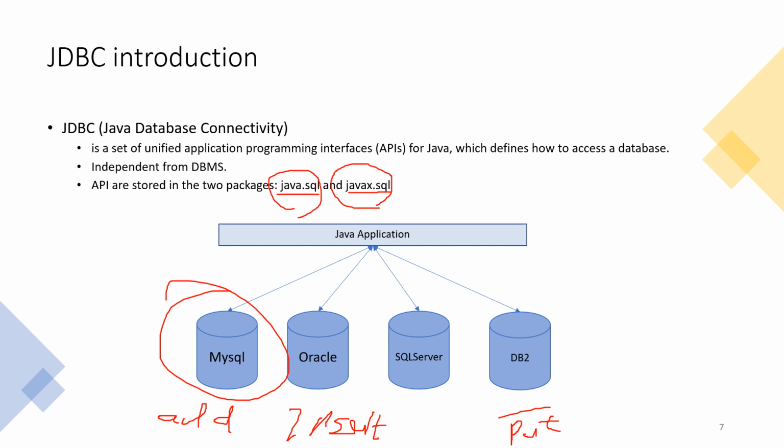Our common belief is that when I write a Java application, I talk to the database directly, right? I want to insert a value, I want to query some results. I just directly connect to those DBMS. However, in practice, it was not.